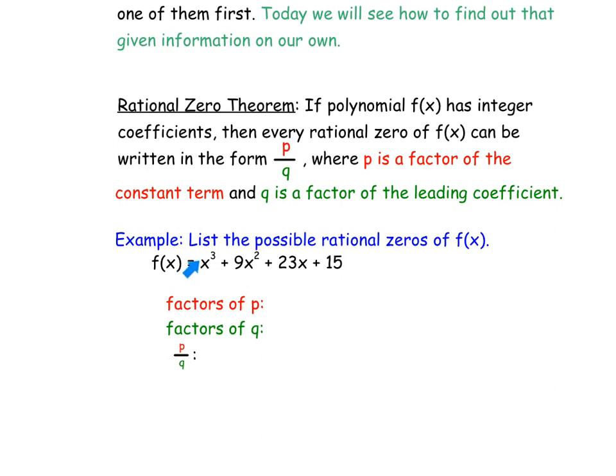So basically we're going to factor our constant, factor our leading coefficient, and write all those factors as fractions, as ratios. And it turns out that every rational zero of this function will be in that list.